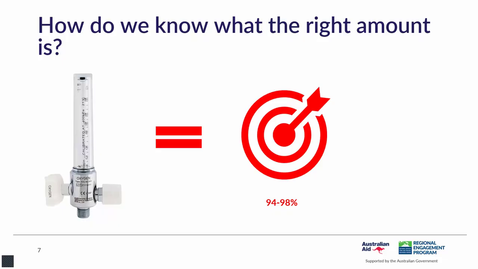So the key to this is titrating oxygen flow so that we get appropriate SpO2 levels. I think as nurses and probably as clinicians, we're really good at turning oxygen flow meters up, but we're probably not as good at turning oxygen flow meters down.